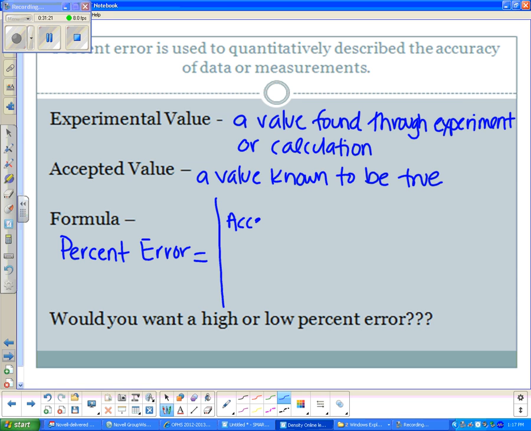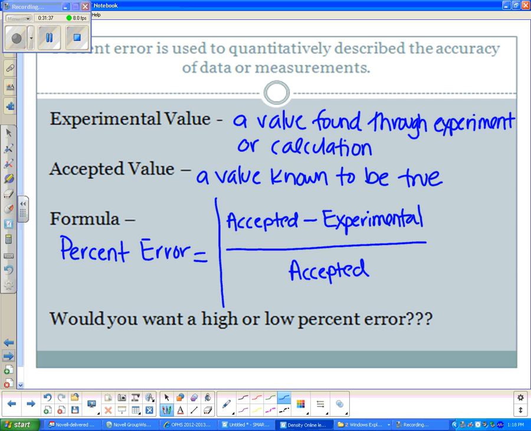We're going to take the accepted value, subtract our experimental value. Once we've subtracted, then we're going to divide by the accepted value, and then multiply it by 100 to change it into a percent.